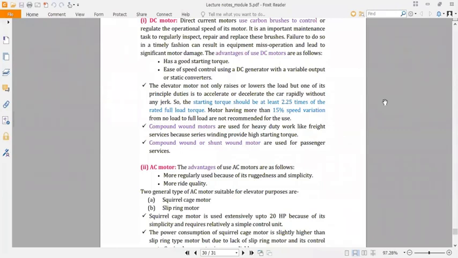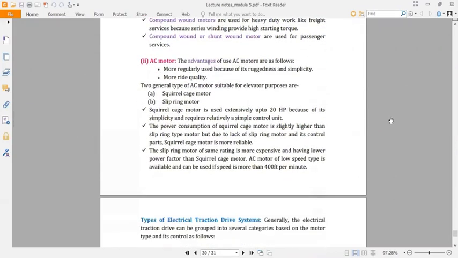Now coming to the AC motor. What are the advantages of this AC motor? We regularly use the AC motor because of its simplicity and ruggedness. It is simple in construction.